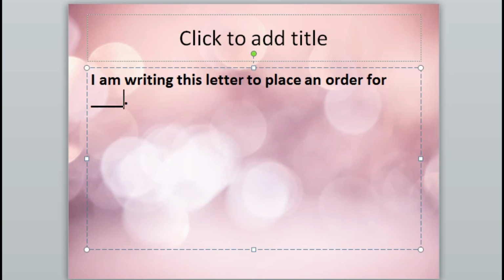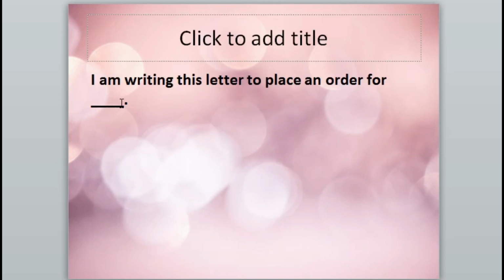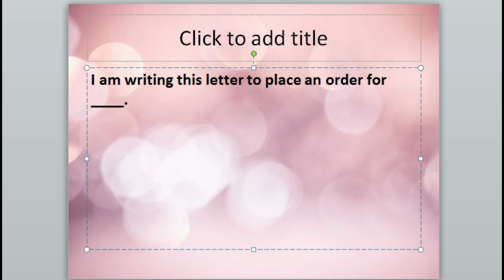Let's have a look at the question, what it is. You need various items of furniture for your new head office. Order for furniture. Furniture for our new head office. Okay, so this is what we have to pick up.